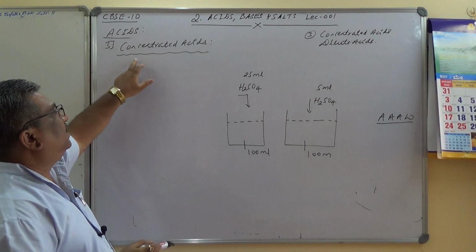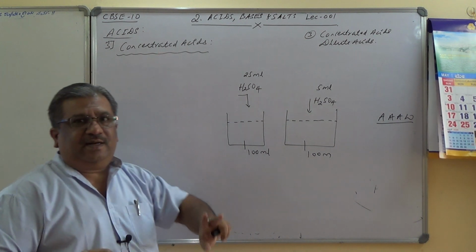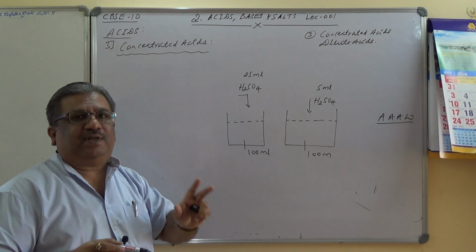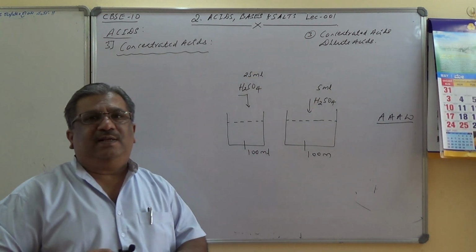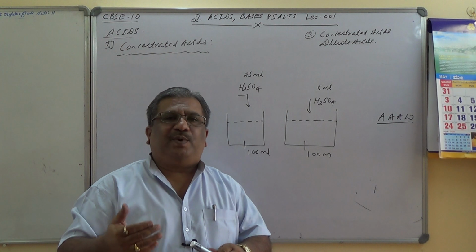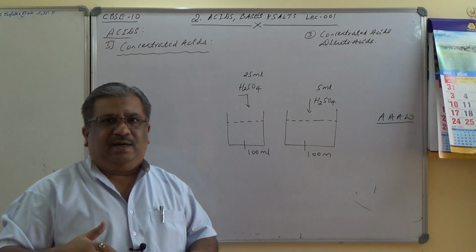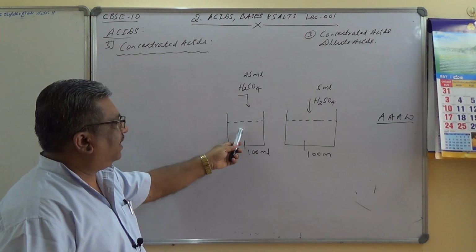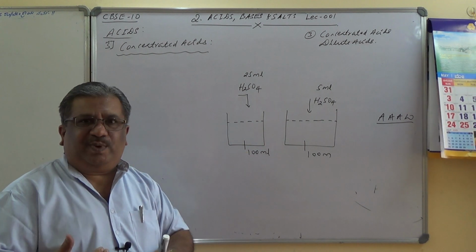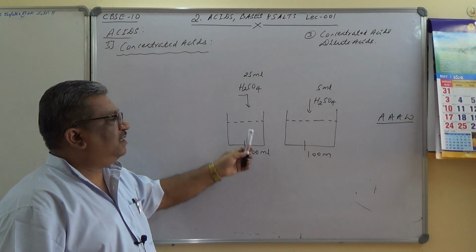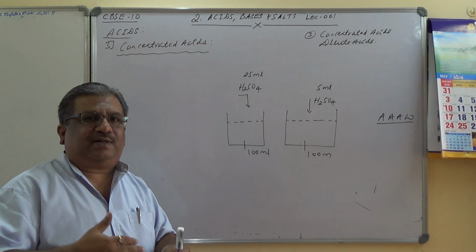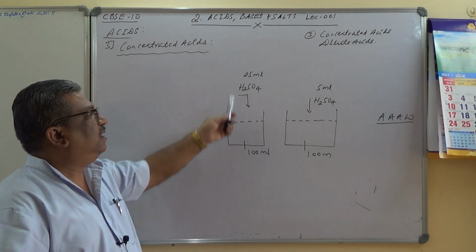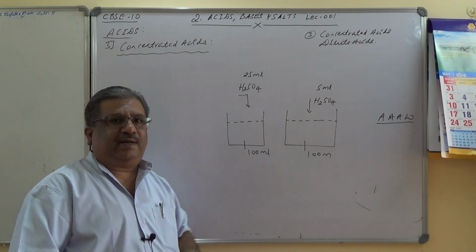So concentrated acid is an acid in which the relative percentage of acid is more. What is dilute acid? Dilute acid is the one in which the relative percentage of acid is less. That is the only difference. So if I compare these two, it is subjective basically, because it is after all a comparison of concentrated and dilute based on the relative quantity of acid present in aqueous solution.